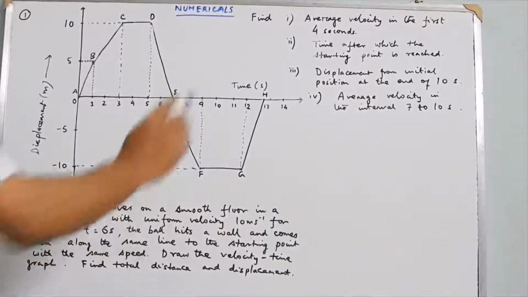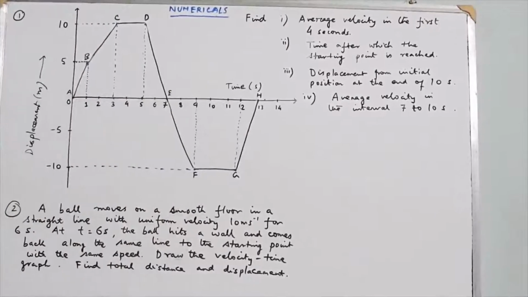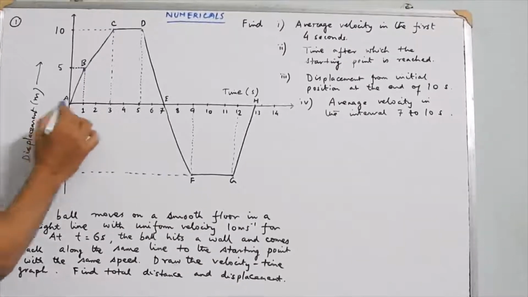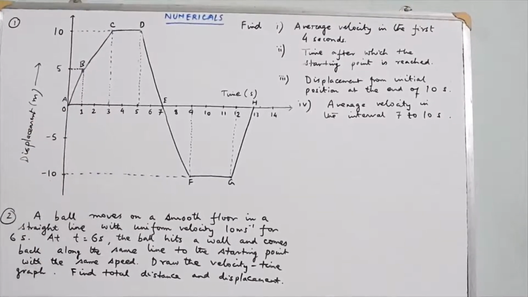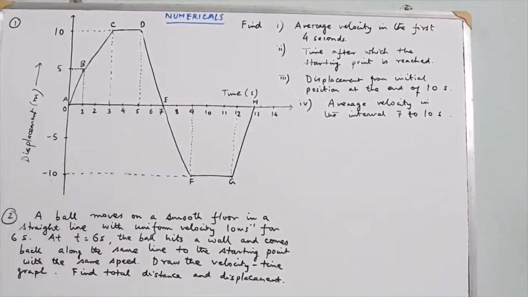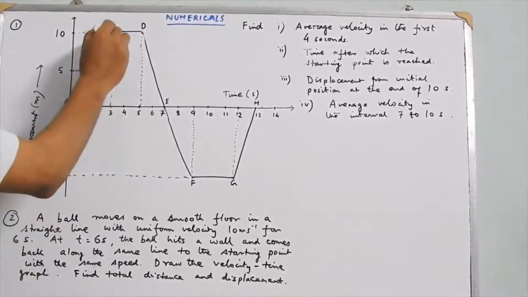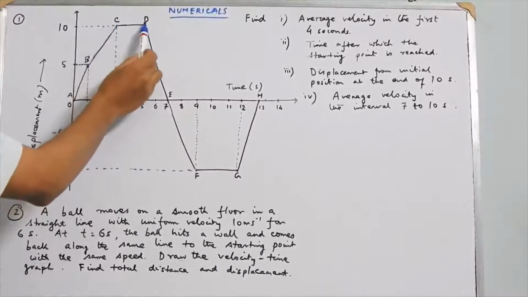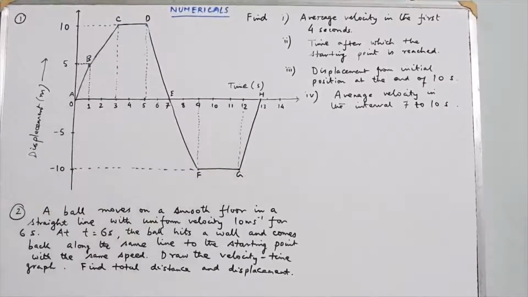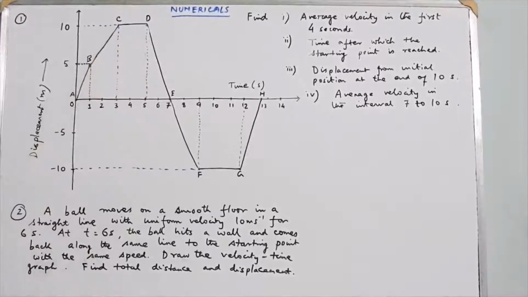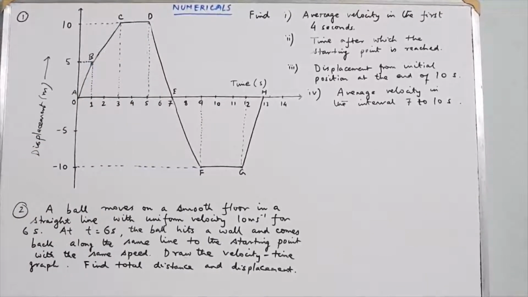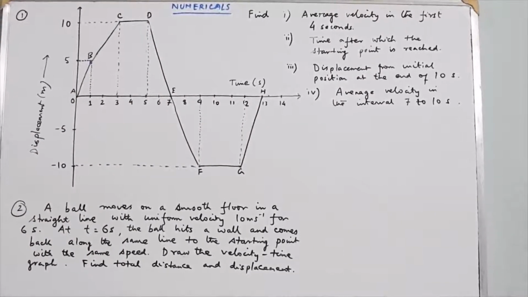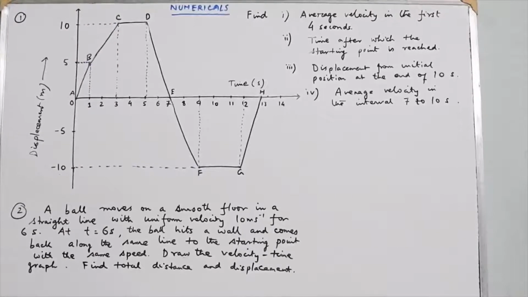So the first question is the average velocity in the first 4 seconds. If you see the graph minutely, from point B up to point C, the displacement time graph is parallel to the time axis. If the displacement time graph is parallel to the time axis, it means that the body is stationary. Its position has not changed at all.